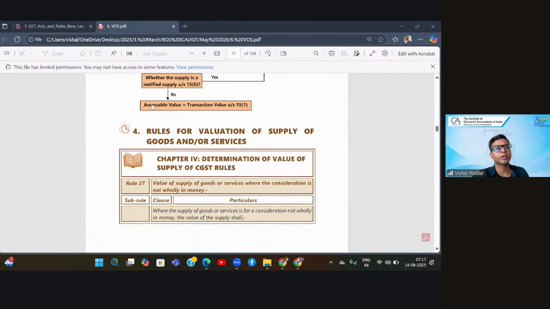Now I have to give you 10,000 discount in future after 2 or 3 months. This 10,000 discount will be reduced from the value subject to two conditions. One, there has to be pre-agreement. Two, it has to be recorded, reported by me using a proper document, and the recipient has to reverse the corresponding ITC.